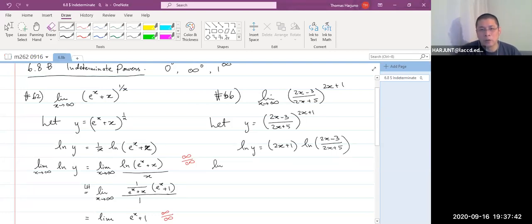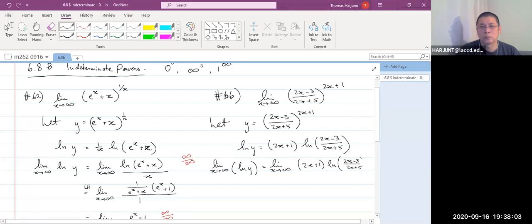Apply the limit condition, x going to infinity of this natural log. I will modify that a little bit into indeterminate form.